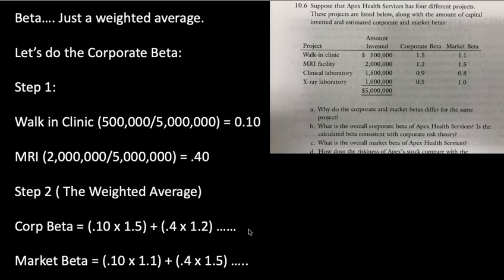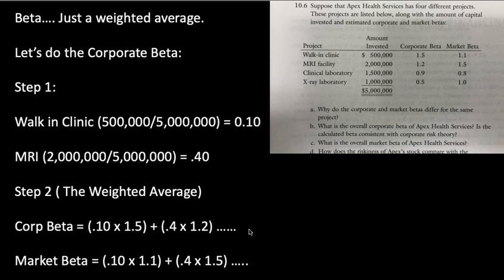So take a look at that number, and I'll give you a hint. Actually, I'll give you more than a hint. When we add up all of the corporate betas, okay, there's individual ones, to come up with the total corporate beta, those 4 numbers I just talked about, it should equal 1, which would be consistent with corporate risk theory.